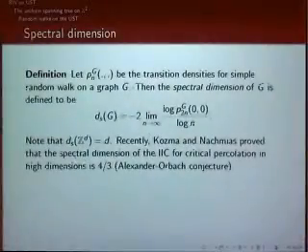You can talk about the spectral dimension of an infinite graph. Given an infinite graph, if you let P_n be the transition probabilities, the spectral dimension of G is just minus 2 times the limit as n goes to infinity of log P_2n over log n. The reason I have P_2n is because of bipartiteness.